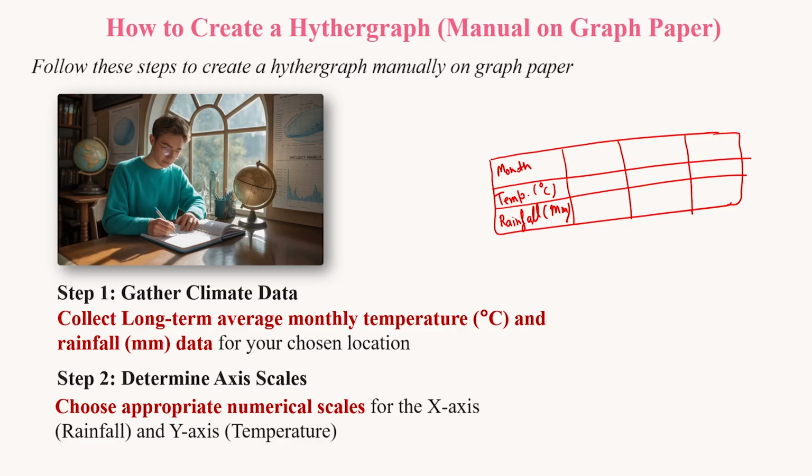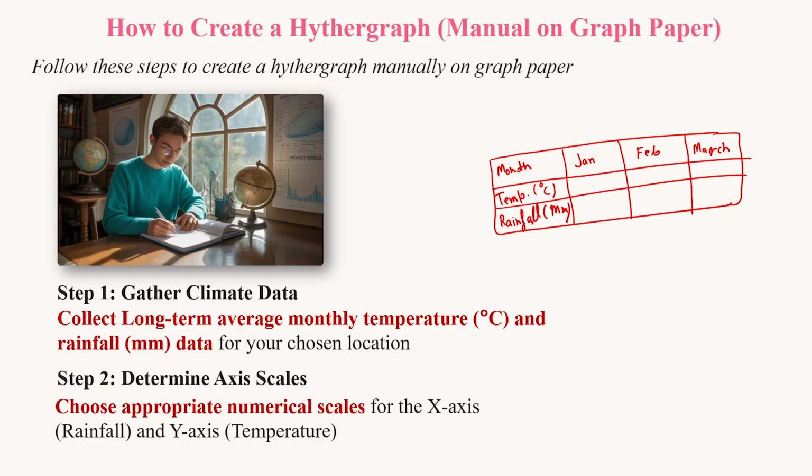Suppose we have data for the months of January, February and March, where temperature is like this, and the rainfall of these particular months are like this.